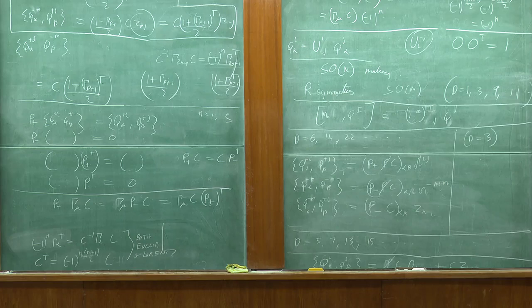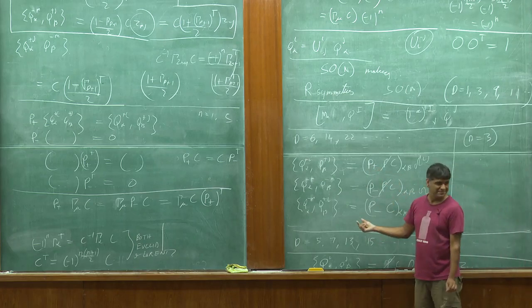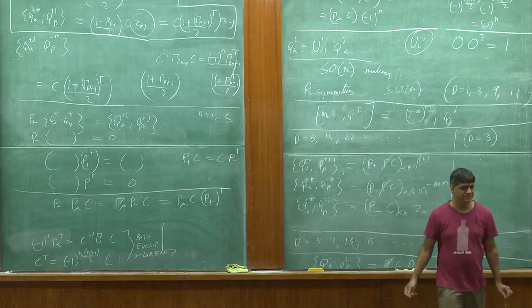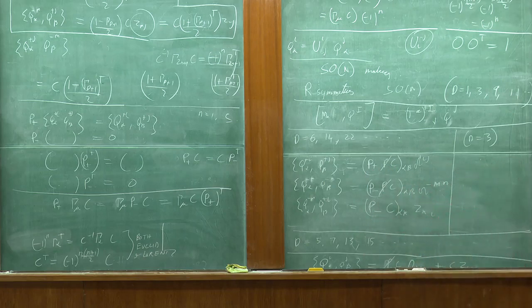So once again we should ask the question of what happens to P as we take it through P slash and C. Kanu helped us last time to conclude that P plus times C was equal to C times P minus transpose, because we got this fact from the minus 1 to the power n. N continues to be odd here.